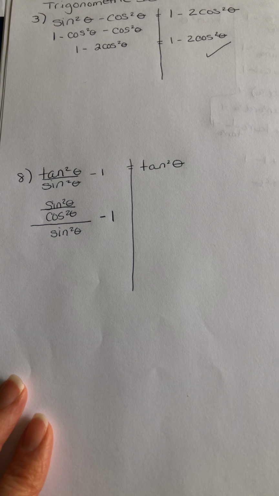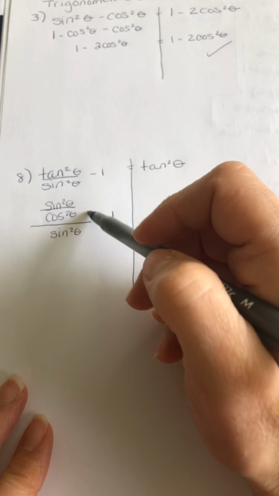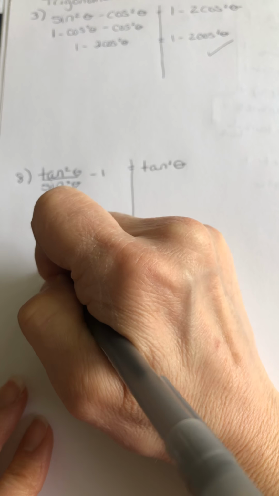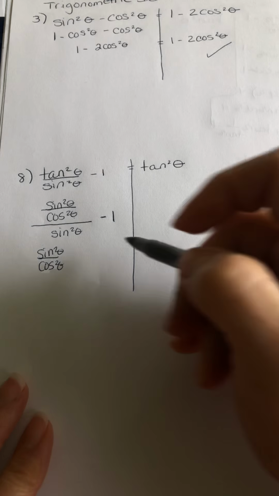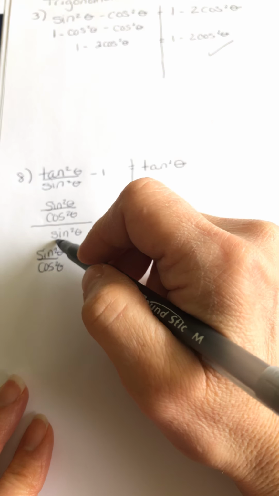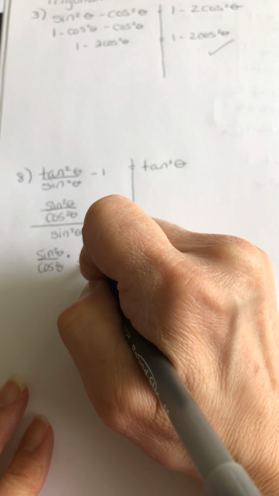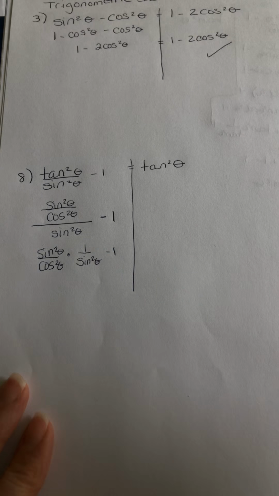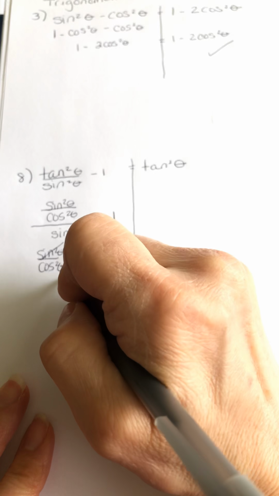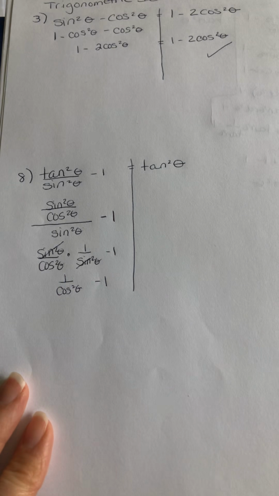And I want to think about, when I divide a fraction by something, I keep the numerator. So sine squared theta over cosine squared theta, that's my numerator up here. And I'm going to change the operation from divide to multiply, and I'm going to multiply by the reciprocal of the denominator. So that is 1 over sine squared theta. So now I can cancel those terms out, and I'm left with 1 over cosine squared theta minus 1.